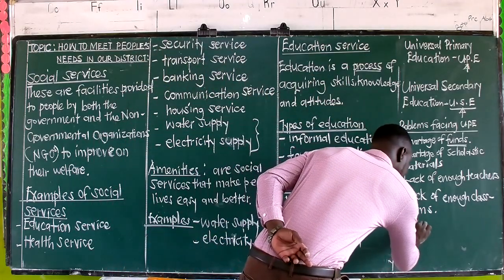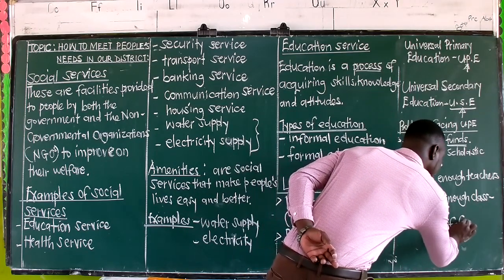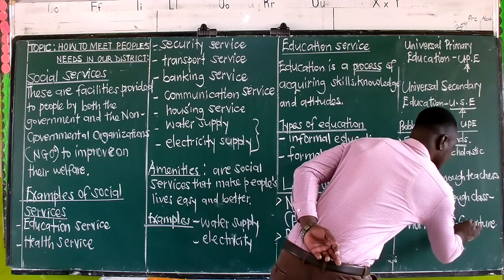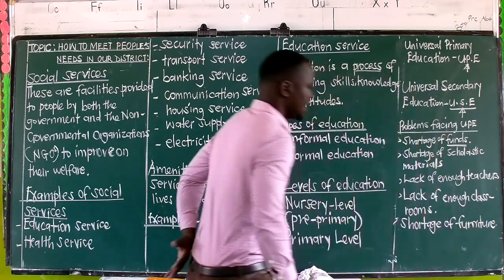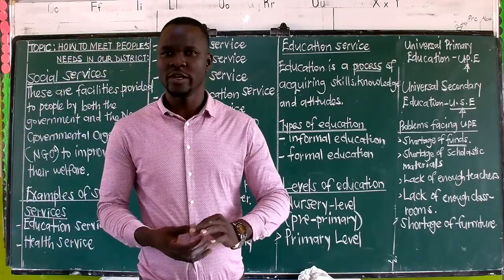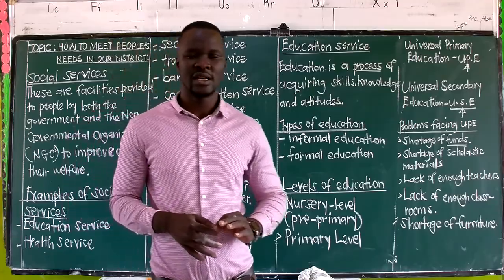And then we have other problems like shortage of desks. We can put this together as furniture. Shortage of furniture also becomes another problem. Sometimes at school, you enjoyed nice seats, those plastic chairs.